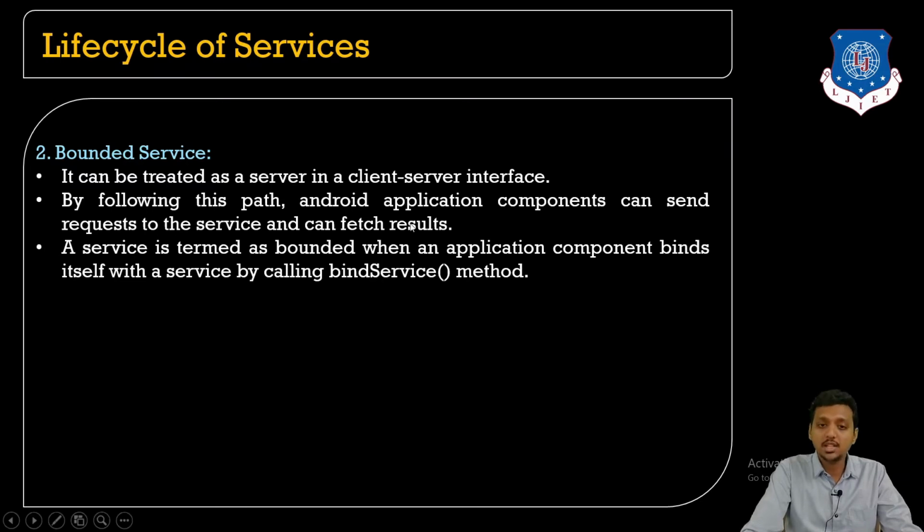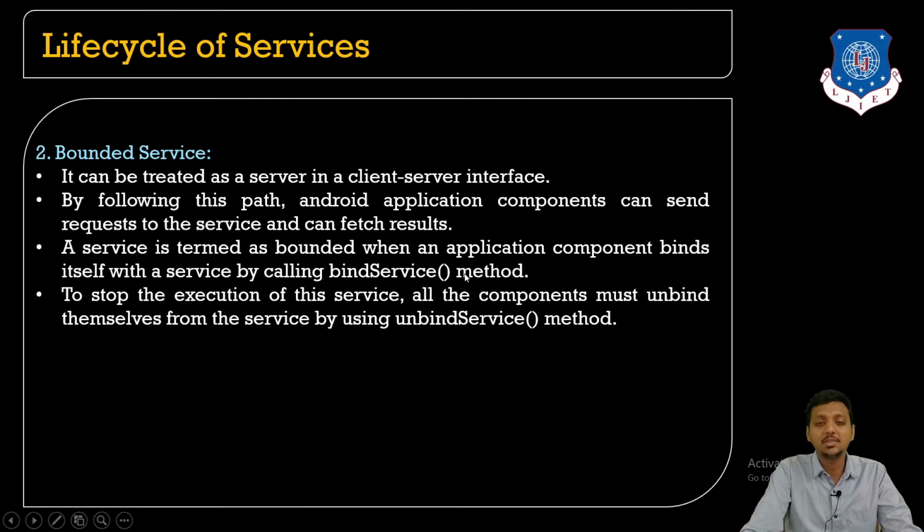By following this path, students, an Android application component can send requests to the services and can fetch the results. A service is termed as bounded when an application component binds itself to the service by calling the bind service method. See, in the previous example, the started service, we need to call the method start service. And here we need to bind with the component by calling the bind service method. To stop the execution of the service, we just need to call a method which is known as unbind service.